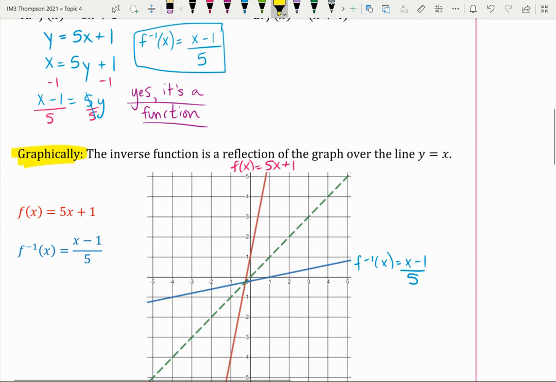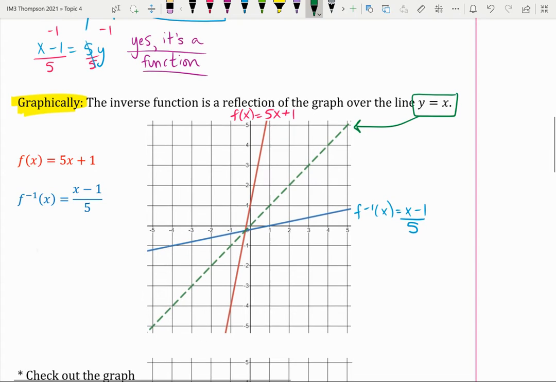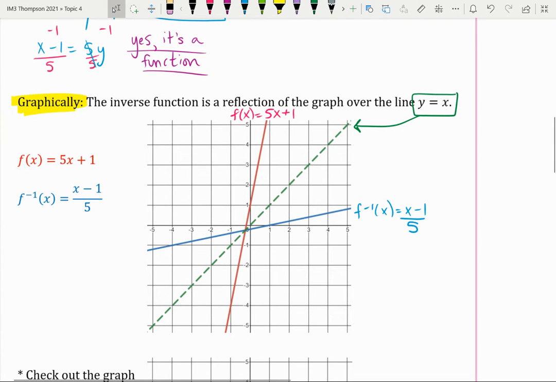Graphically, the inverse function is a reflection of the graph over the line y equals x. So here's the idea. We'll give you a chance to copy that down before I talk about it.